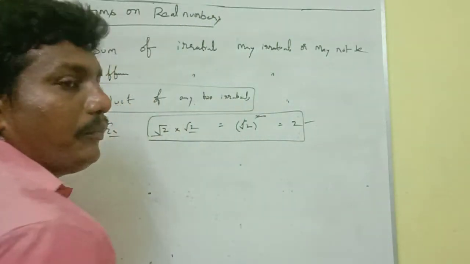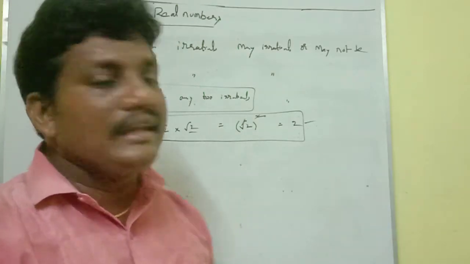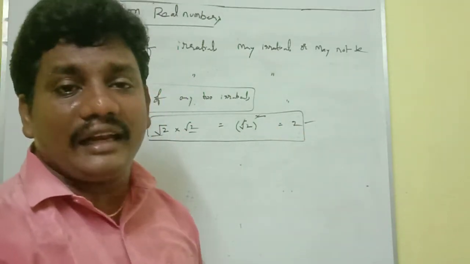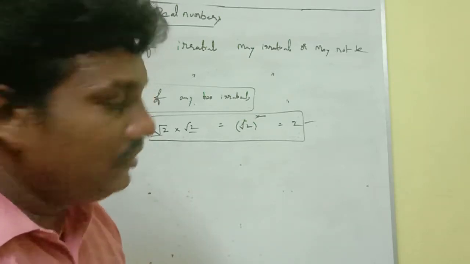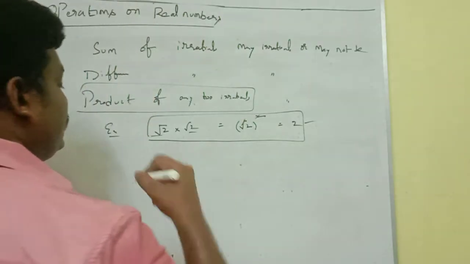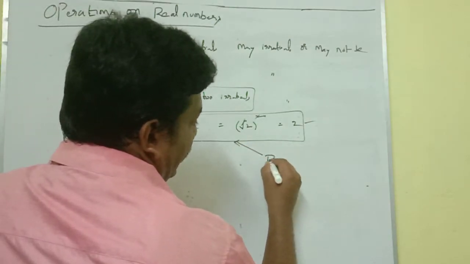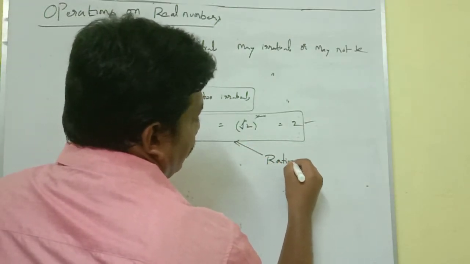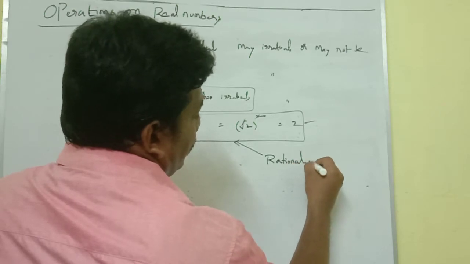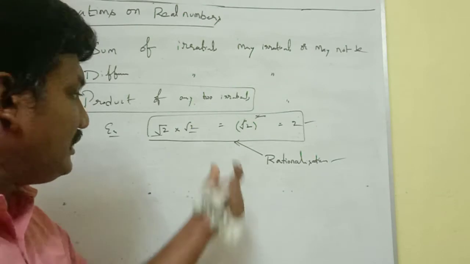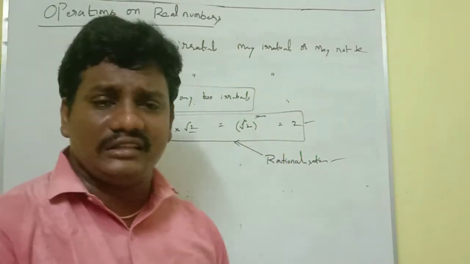When the product of two irrationals is rational, this process is known as rationalization or the rationalizing process. Very, very important topic, rationalization. Why are we going to use rationalization? What is the necessity of rationalization?